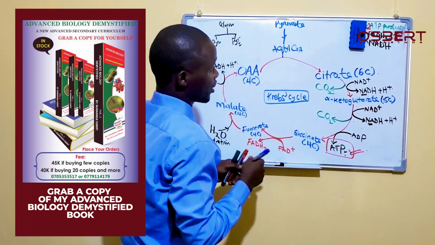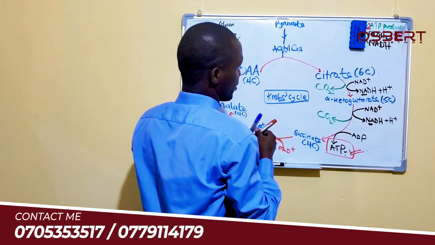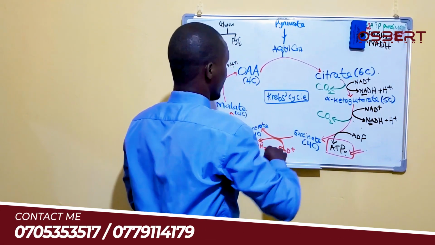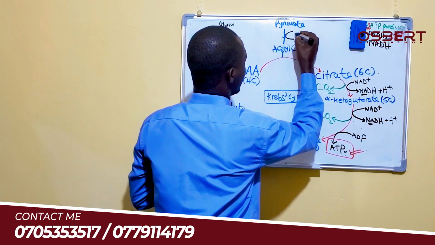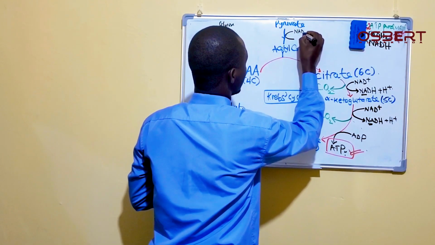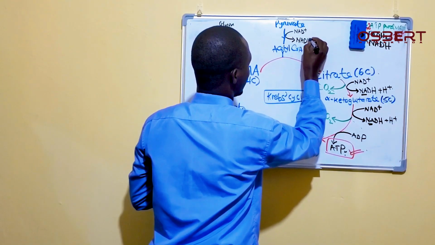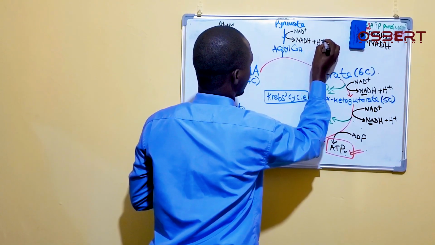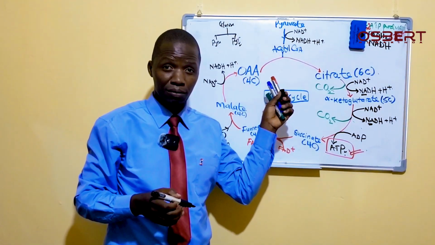And this very important reaction that took place here was what? We had a reaction where NAD plus was able to give us NADH plus H ion. Those who watched will remember.